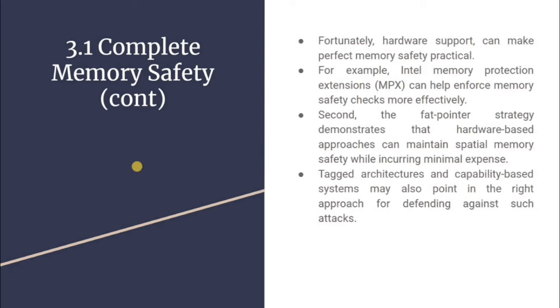For example, Intel Memory Protection Extensions (MPX) can help enforce memory safety checks more effectively. Secondly, the fat pointer strategy demonstrates that hardware-based approaches can maintain spatial memory safety while incurring minimal expense. Tagged architectures and capability-based systems may also point in the right direction for defending against such attacks.